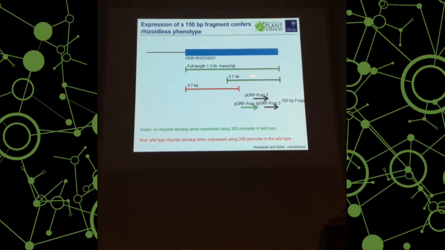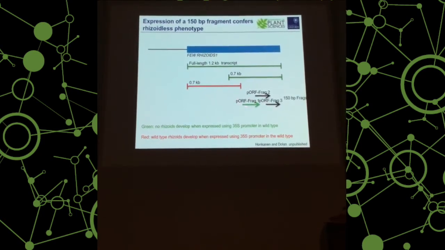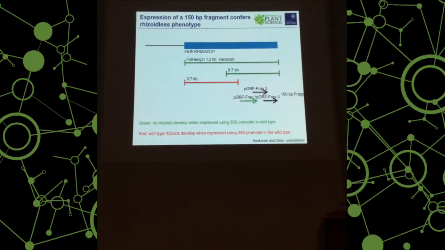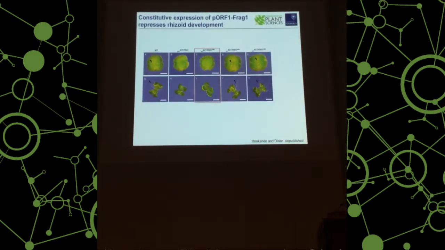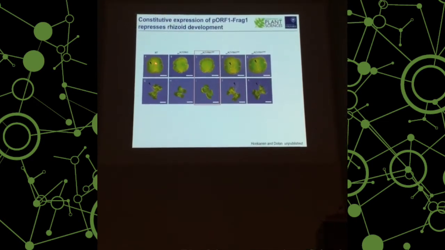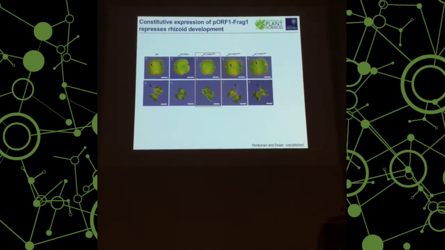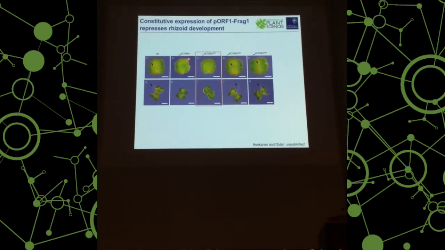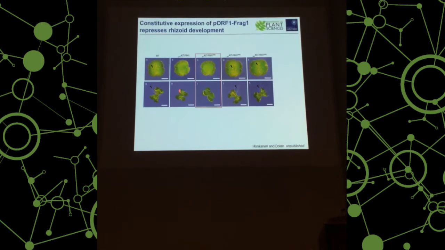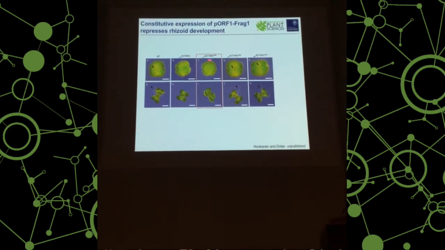And so we could split this up into 3 fragments, and then one of these fragments, when overexpressed, repressed the formation of rhizoids. And so here's the data for that. So you've seen wild type here, with the precursor cells and the rhizoids. Here's the plants that are overexpressing the entire 1.2 kb region, and it represses the rhizoid development.